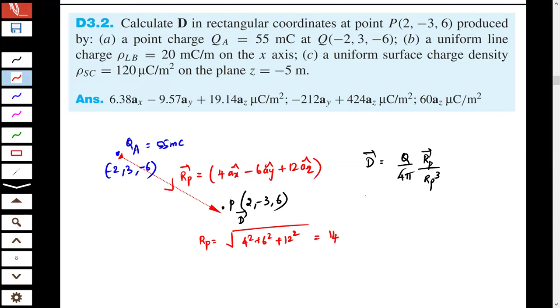And we can make the substitutions in vector D to get D due to point charge, which is 55 milli divided by 4 pi into vector R, which is 4ax minus 6ay plus 12az, divided by 14 cube.